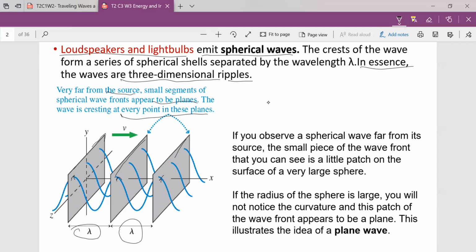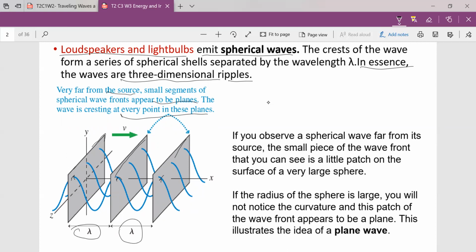So while we have the representation appearing like a straight line for the circular wave, we have that for the spherical. When you view it very far from the source, a portion of it appears to be like a plane where the crest of each wave is crossing the plane.